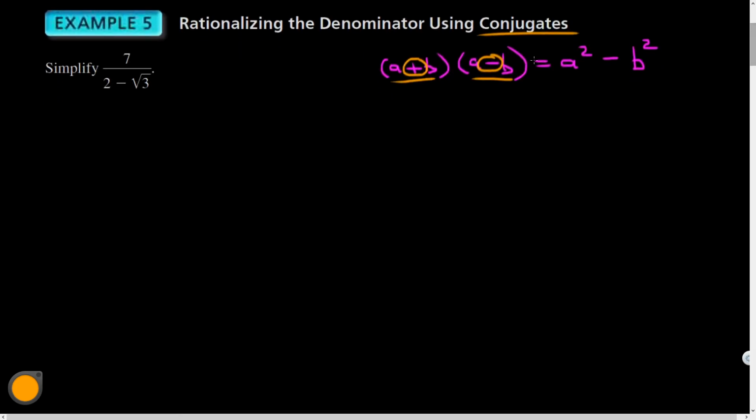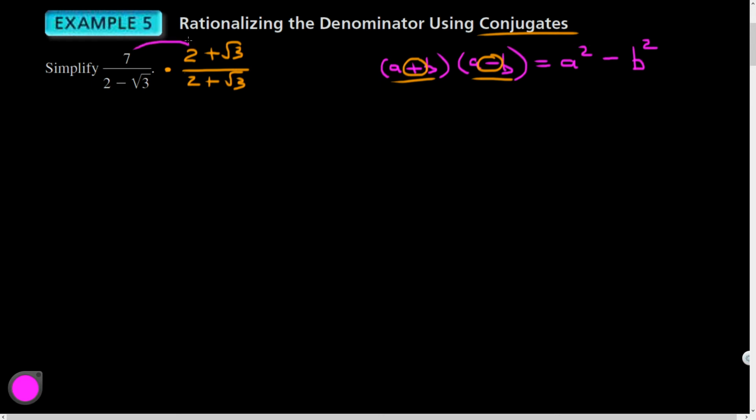In order to deal with this, I'm going to multiply the denominator by 2 plus rad 3, and in order to make sure that I'm not changing the value of this expression, I have to multiply the top as well, because that's the equivalent of multiplying by 1, which doesn't change anything. I know that anything divided by itself is 1.